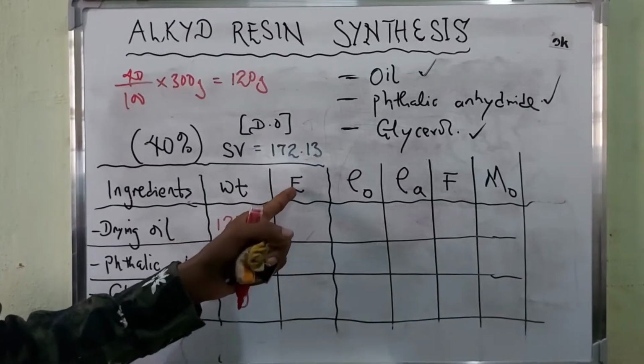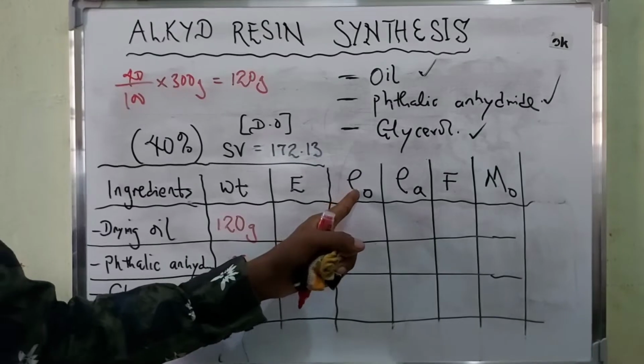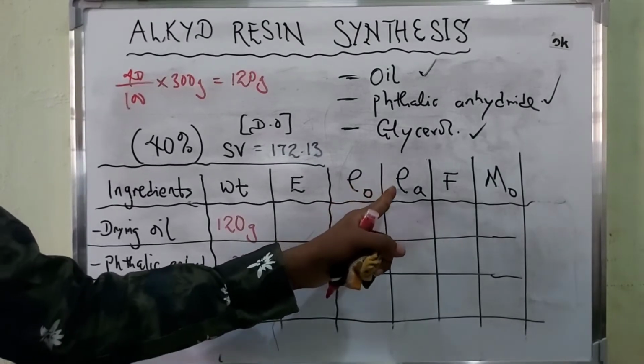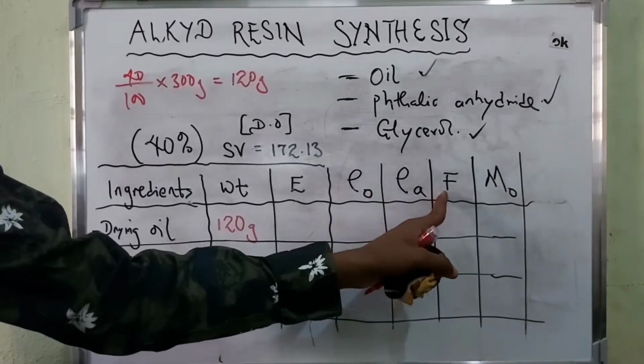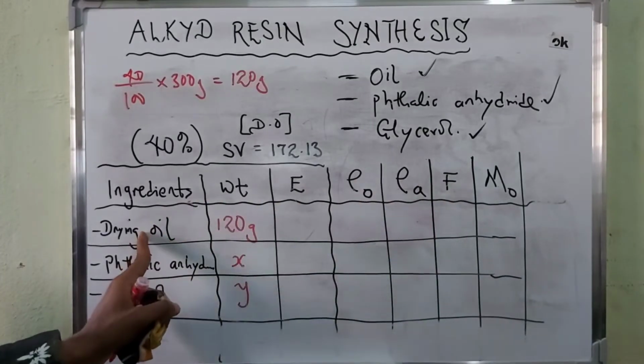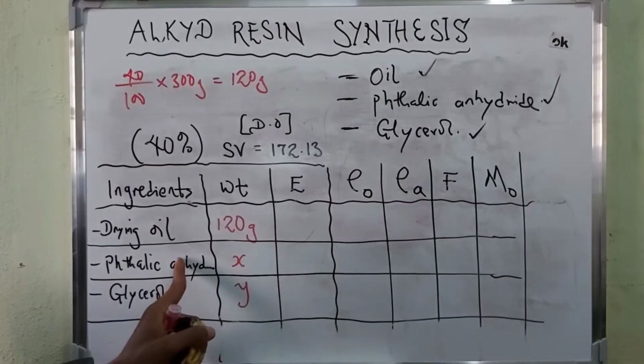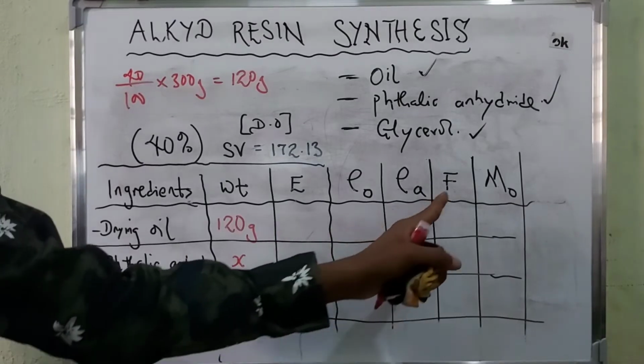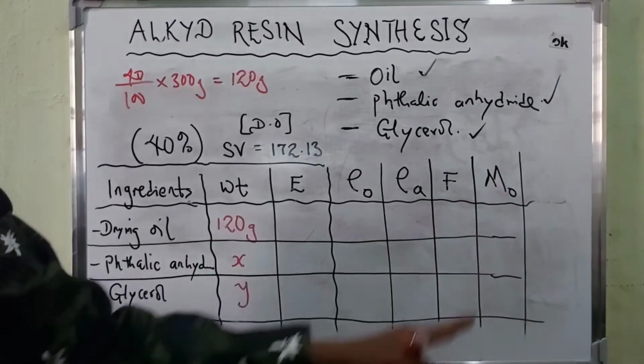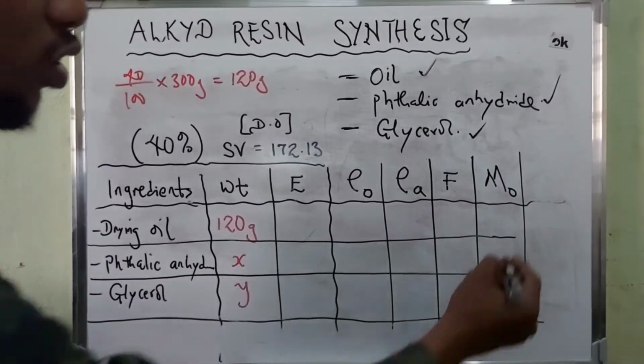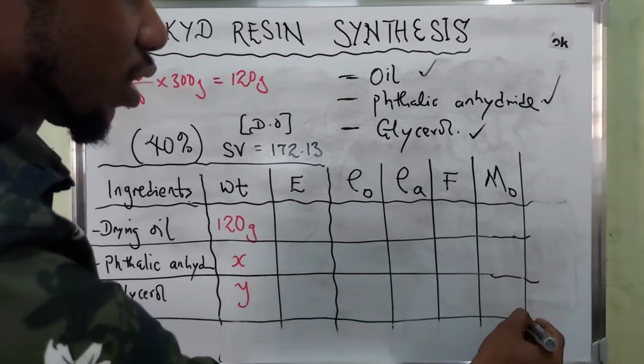So this is called the equivalent weight, this is the equivalent mole, and this is the equivalent acid. This is the number of functional groups present in the drying oil, in the acid anhydride, and in the glycerol. And lastly, you have the number of moles. So once this is taken, let's go to the next stuff.